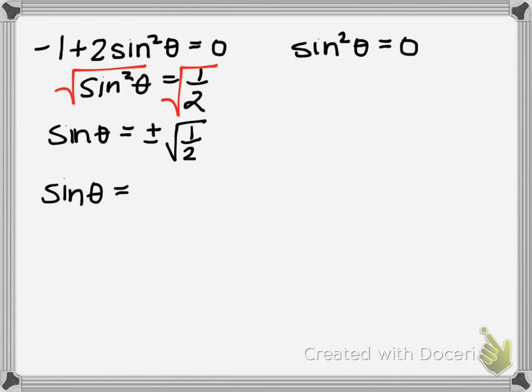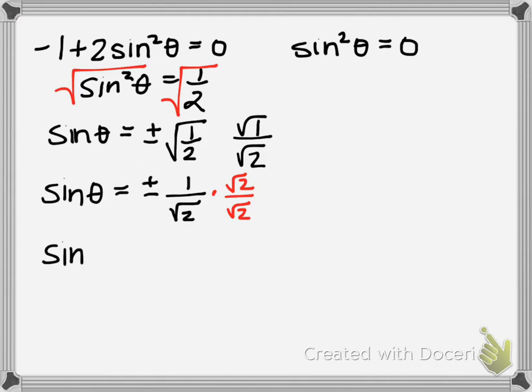Not a bad idea here, because this is really the same as the square root of 1 over the square root of 2, which would be 1 divided by the square root of 2. And if you want to rationalize that and multiply by rad 2 over rad 2, then that's really going to give us sine of theta is equal to plus or minus rad 2 over 2.